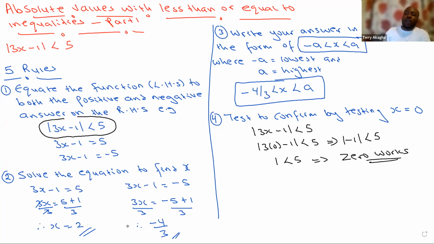Then the last one, step 5, is where you are told to graph it. Graphing the function is basically if you want to see the solution by inequalities, you're just trying to see the solution graphically, all right? So step 5 is to just graph the function.